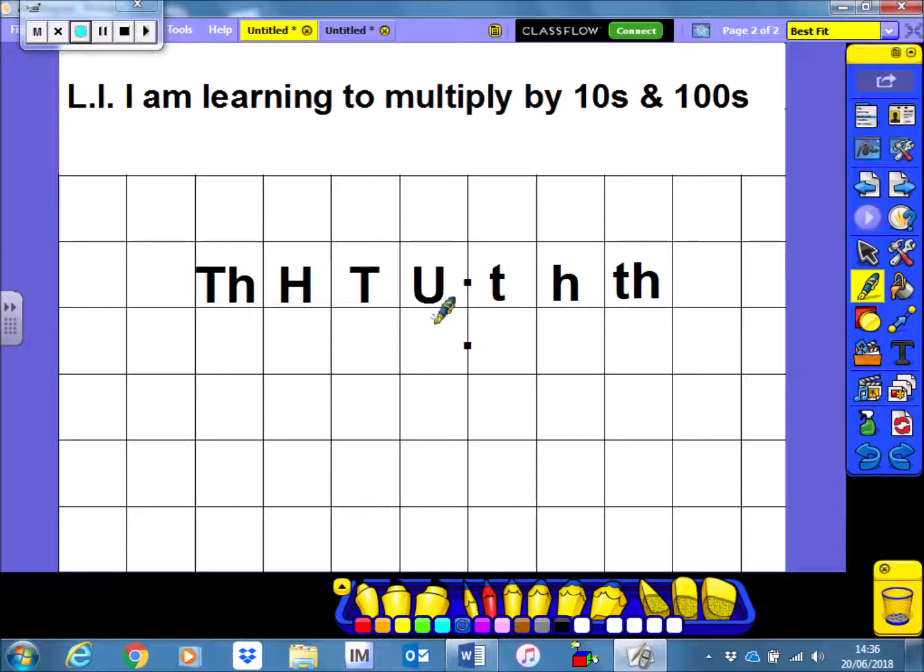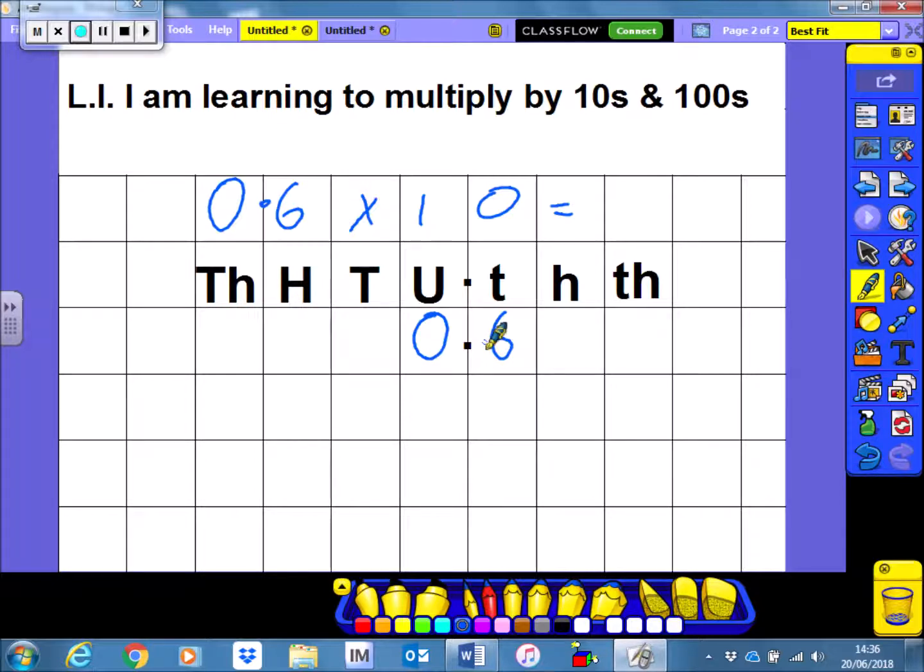So, for example, let's say I'm doing 0.6 times 10. So I've got a 0 in the units column. I have no units, but I have 6 tenths.